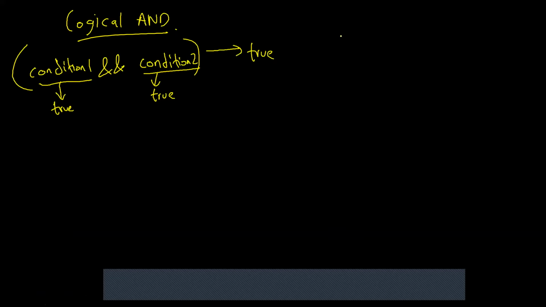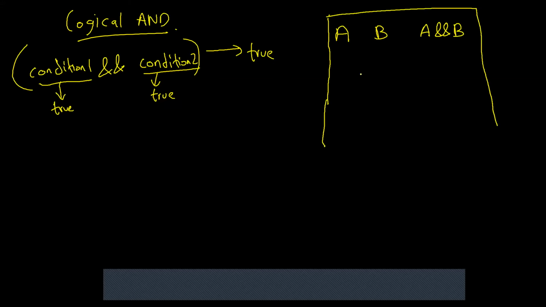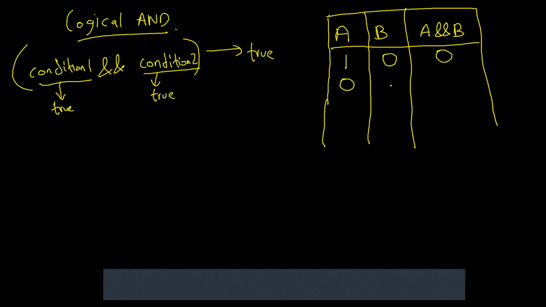Let me write a table. This is called a truth table: A, B, and A && B. A is a condition that can evaluate to true or false, and so is B. If this one is 1, meaning true, and this one is 0, that is false, the result will be false. If A is false and B is true, then A && B will be false.